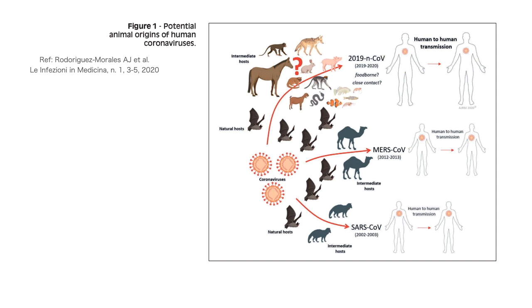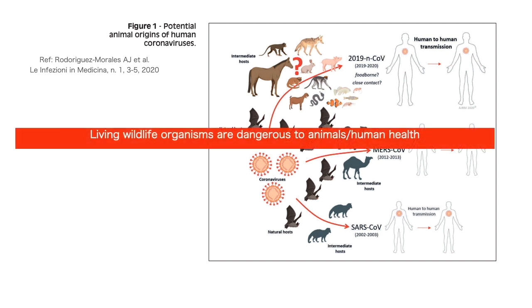In the cases of SARS and MERS, the bat-origin viruses obtained virulence while they infected cats or camels prior to attaining human-to-human transmission capacity.